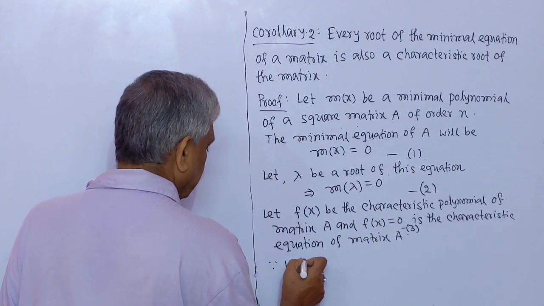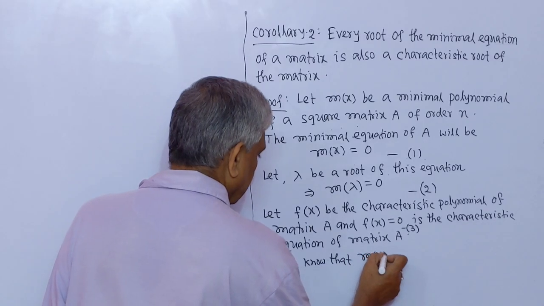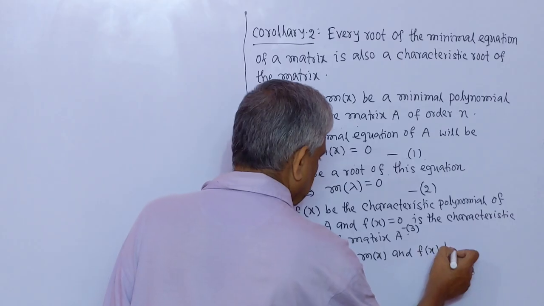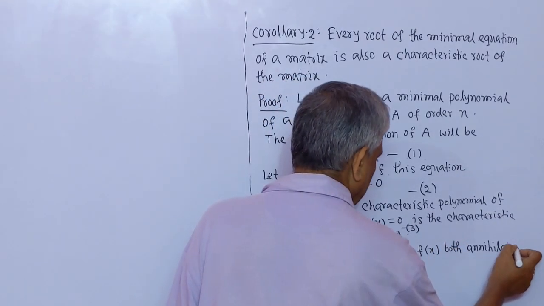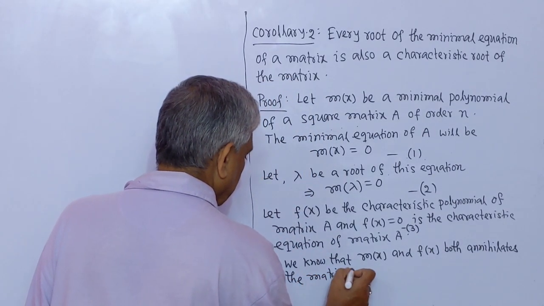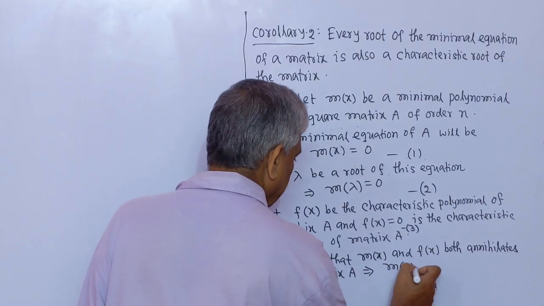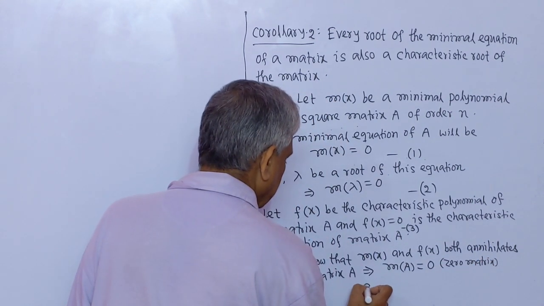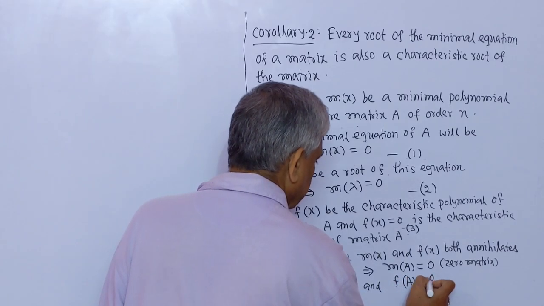Since we know that m(x) and f(x) both annihilate the matrix A, implies that m(A) equal to 0 matrix and f(A) equal to 0 matrix.